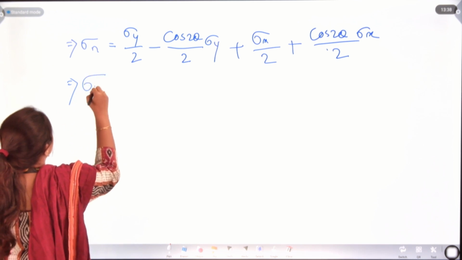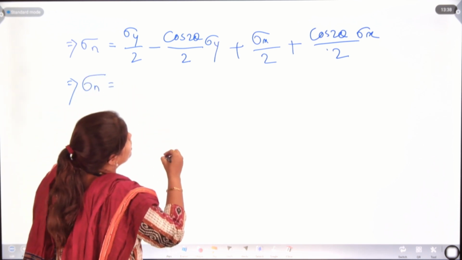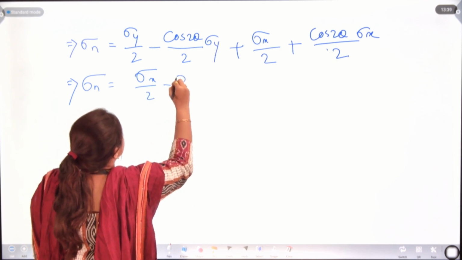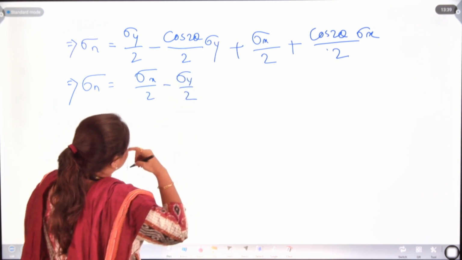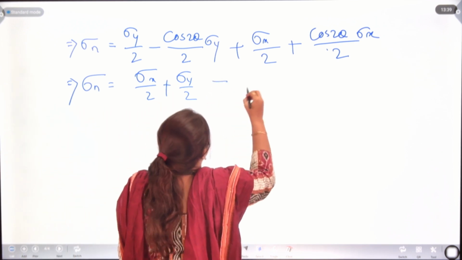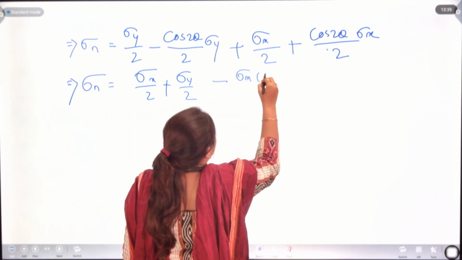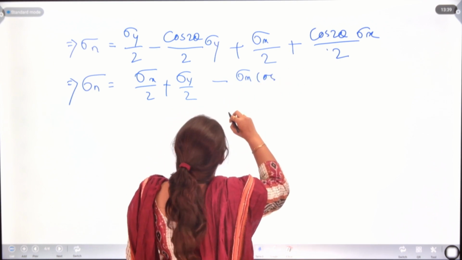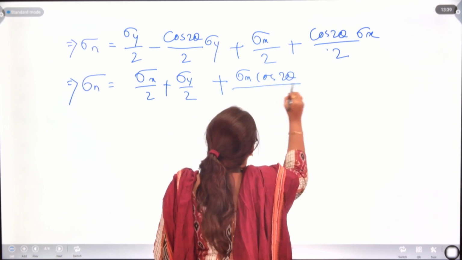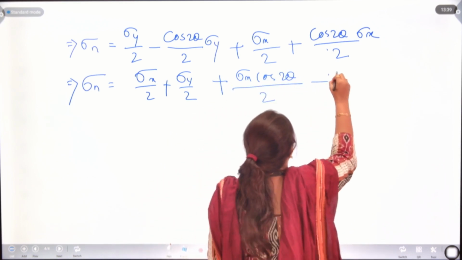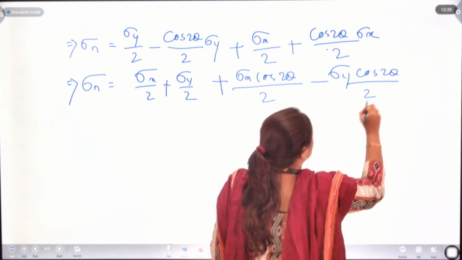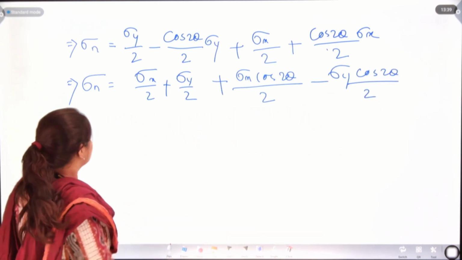So sigma n will be sigma x by 2 plus sigma y by 2, plus sigma x cos 2 theta upon 2 minus sigma y into cos 2 theta upon 2, right?